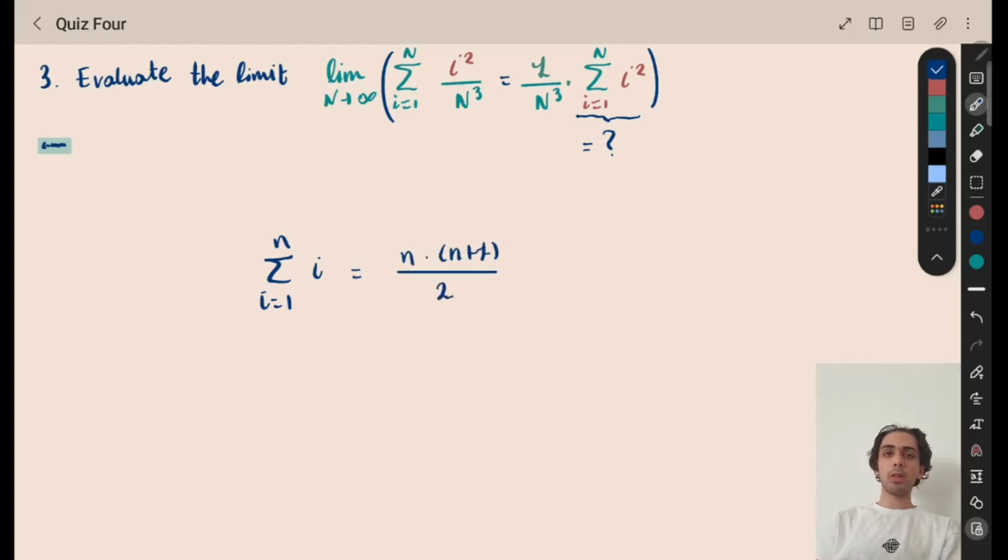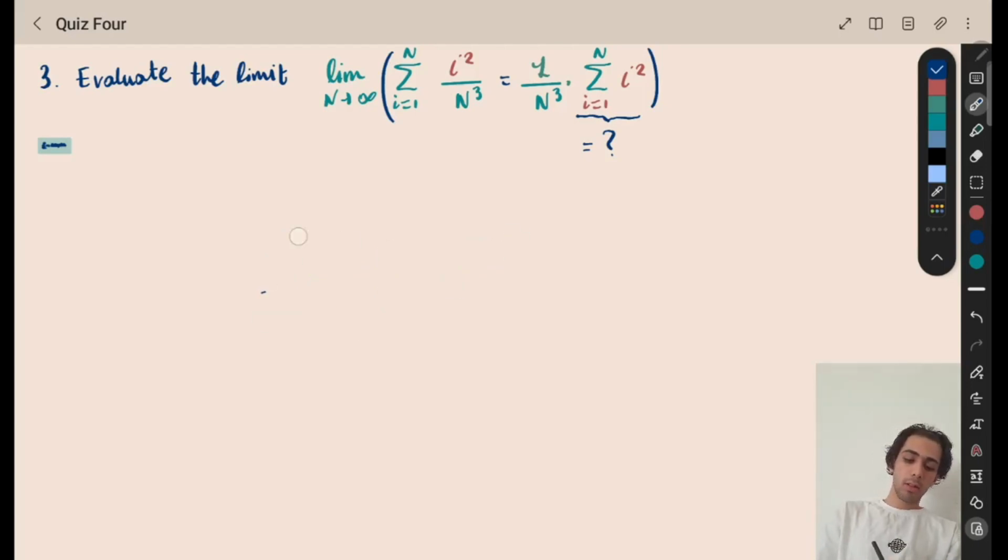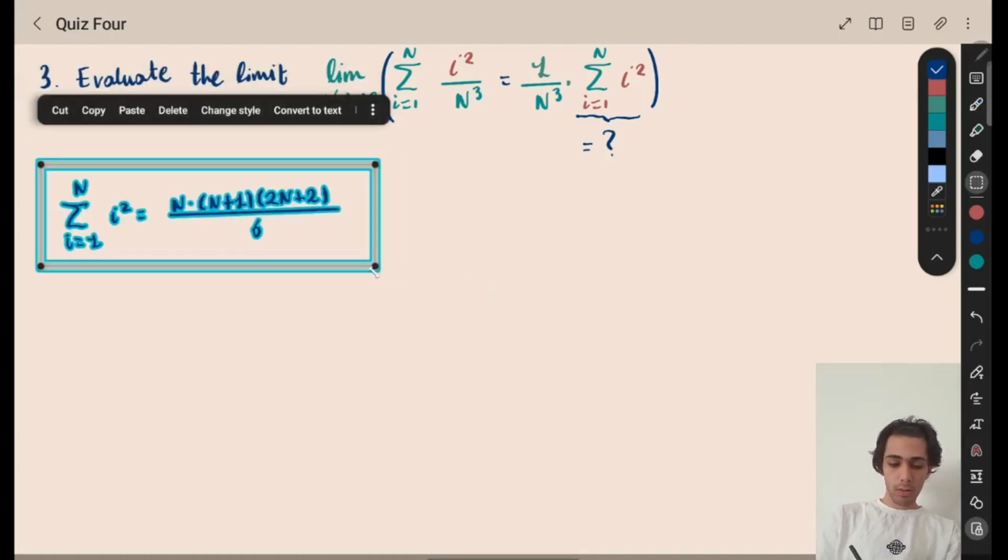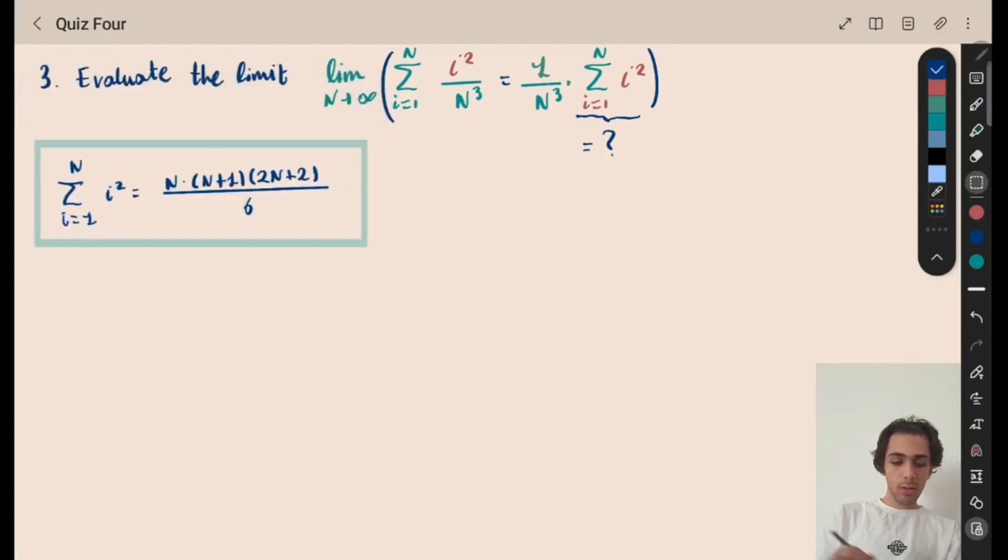This is, for example, the Gaussian sum. This is true for reasons we don't want to jump into. But for i squared, we also have a formula. It's not this squared, but it is given as follows. It is n times n plus 1 times 2n plus 1 divided by 6.